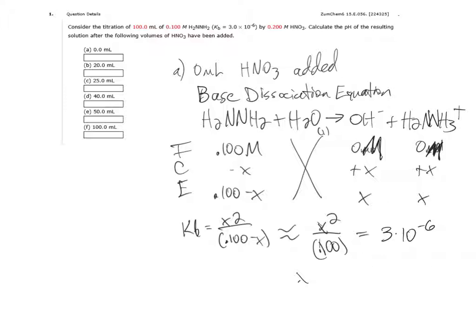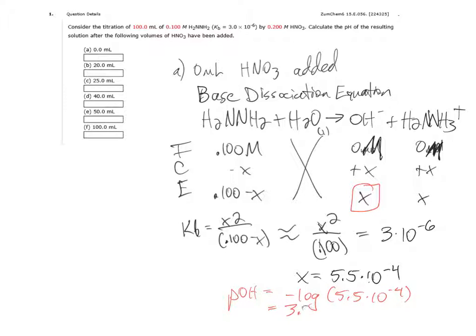Solving for x, we arrive at 5.5 times 10 to the negative 4th. And in this ICE table, x is the equilibrium hydroxide concentration. So when we go to calculate pOH, we just take negative log of the value of x, and that works out to be 3.26.